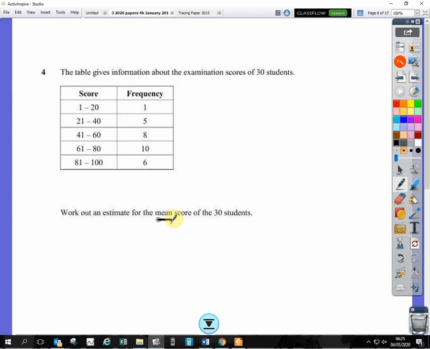This is an estimate for the mean. When we have an estimate for the mean, we need 2 extra columns. One is for midpoint, one is for midpoint times frequency. So the midpoint, okay?